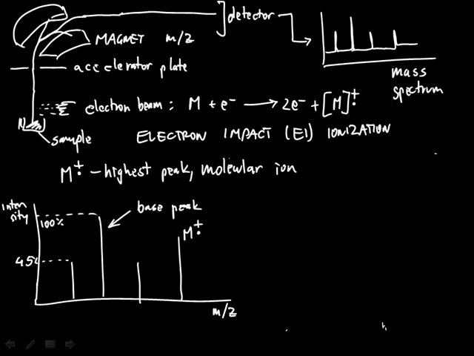Okay? Now, the question is, if you have a pure sample, we should get only one peak for the mass of that sample. However, things don't turn out to be that simple, as you see already in this mass spectrum, because we have multiple other peaks. And these peaks are known as fragment ions.